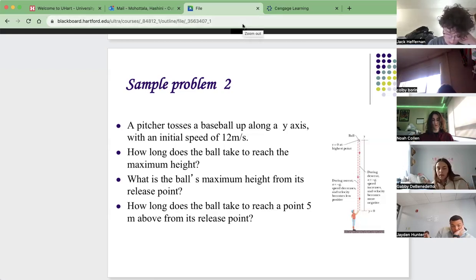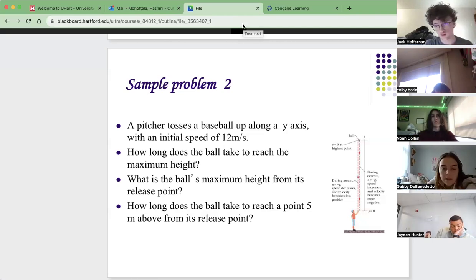Can someone tell me? Not someone. Can everyone tell me? Or send a text on the chat box. What is the velocity of the ball? Y velocity of the ball at the top, or at the maximum point?